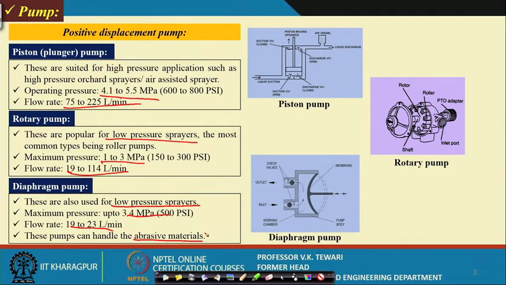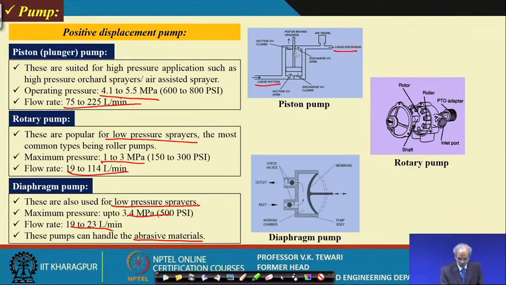So, let us see what these piston pumps are. The piston pumps are very simple ones. You have seen all the pumps which we use for water lifting and all that. They are all piston pumps, or plunger pumps. You can see here that this is the plunger, and inside this pump, when it goes here, suction takes place from this location and the liquid is discharged from here.